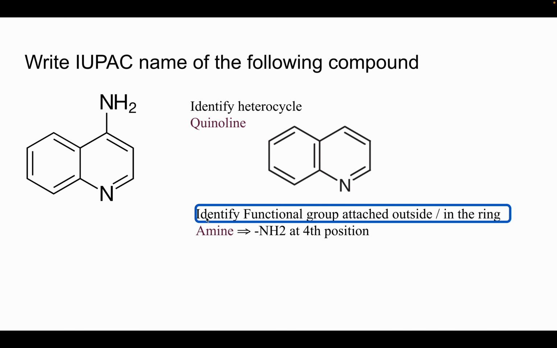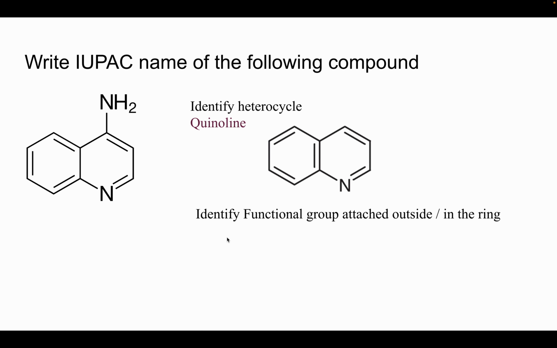The next step is to identify the functional group, and whether it is present outside of the ring or inside. In this particular structure, the functional group is amine and it is present outside of the ring, and you also have to locate the functional group. Numbering starts from the heterocycle: 1, 2, 3, 4. So the amine group is present at the 4th position.